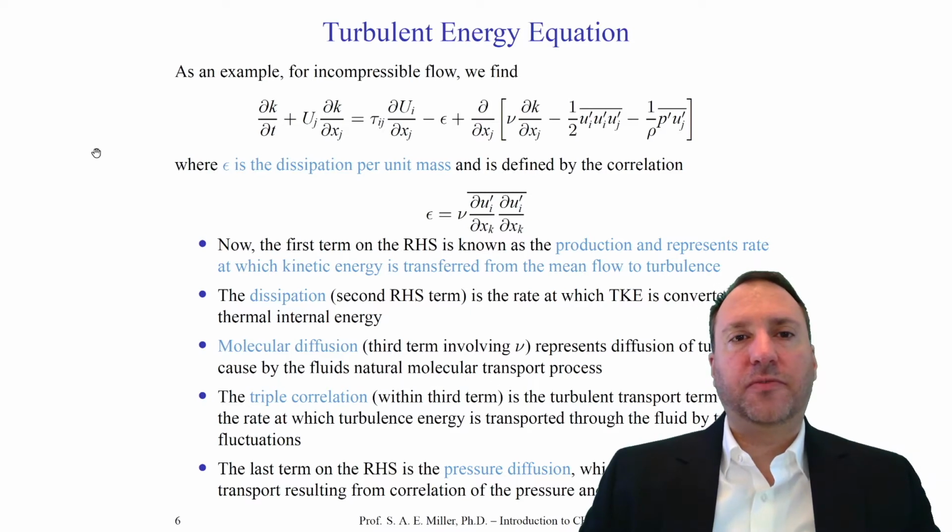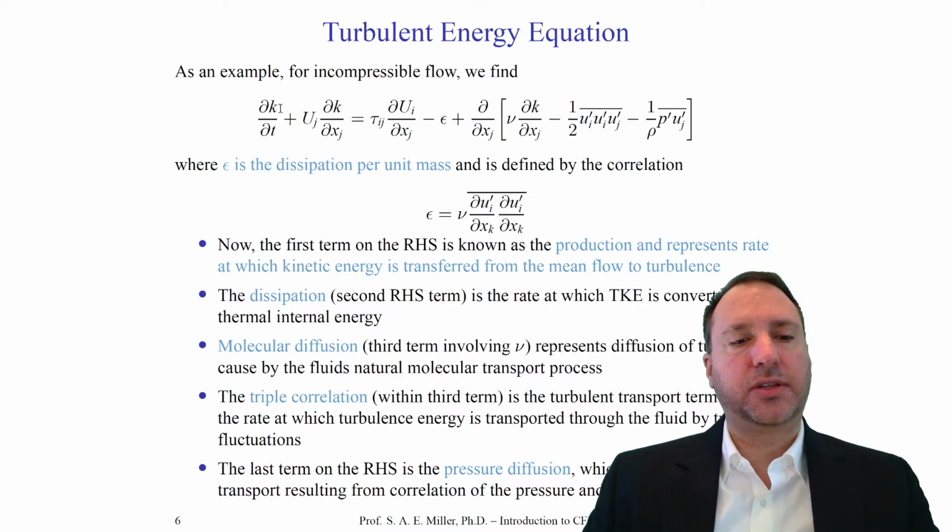Now, for example, for incompressible flows, you might find this particular form of the turbulent kinetic energy equation. The terms are rearranged simply so that we can put it in a form which is similar to the other equations like energy, momentum, and conservation of mass. You'll see the first term is partial K, partial t. K is the turbulent kinetic energy, it's the energy of the turbulence.